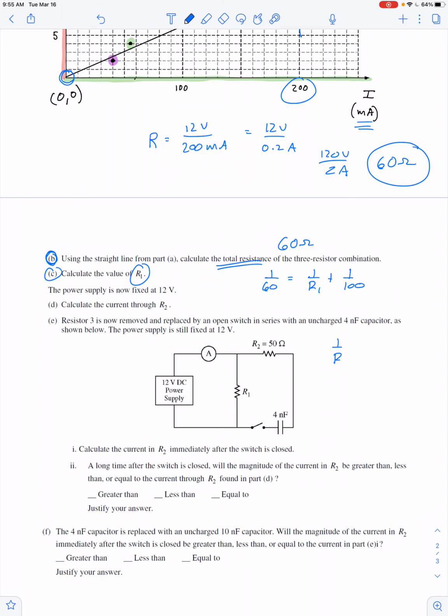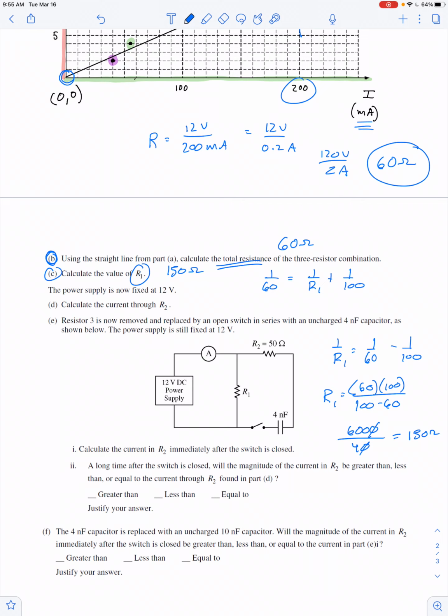That means 1 over R1 is 1 over 60 minus 1 over 100. Yes, that means R1 is equal to 60 times 100 divided by 100 minus 60, which is 6,000 divided by 40, which is 600 divided by 4, 150. Looks like R1 is about 150 ohms.